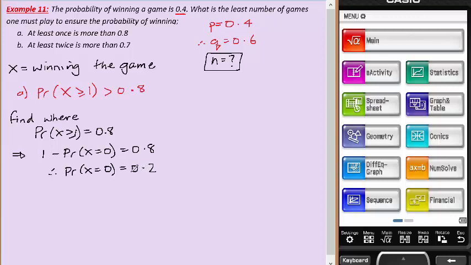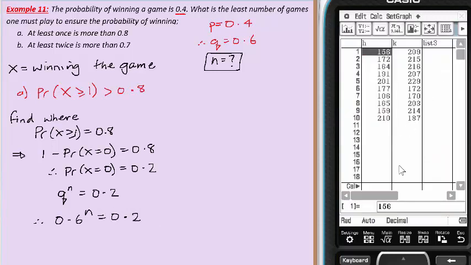So now, let's think about what this means. Probability of winning no games means that, if the probability of winning a game is 0.4, then the probability of winning no games is Q to the power of n equals 0.2. But Q is 0.6, so I'm looking for n where 0.6 to the power of n equals 0.2.